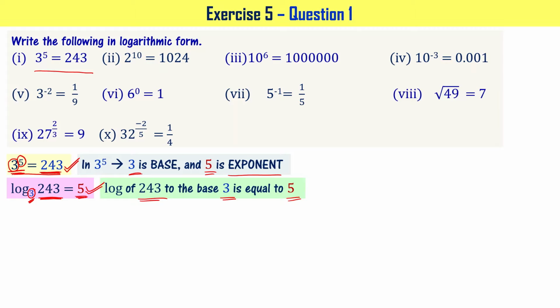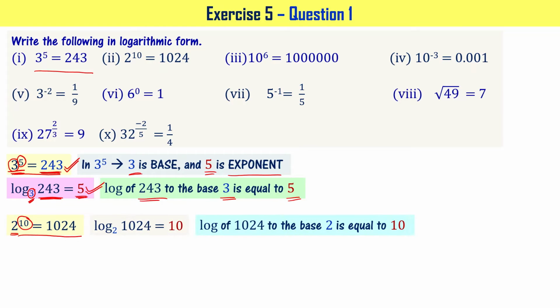Got it? Now let's look at the second one. That is 2 power 10 equal to 1024, right? Here 2 is the base and 10 is the power or the exponent, right? When you write this particular equation in logarithmic form, it becomes log of 1024 to the base 2 equal to 10.